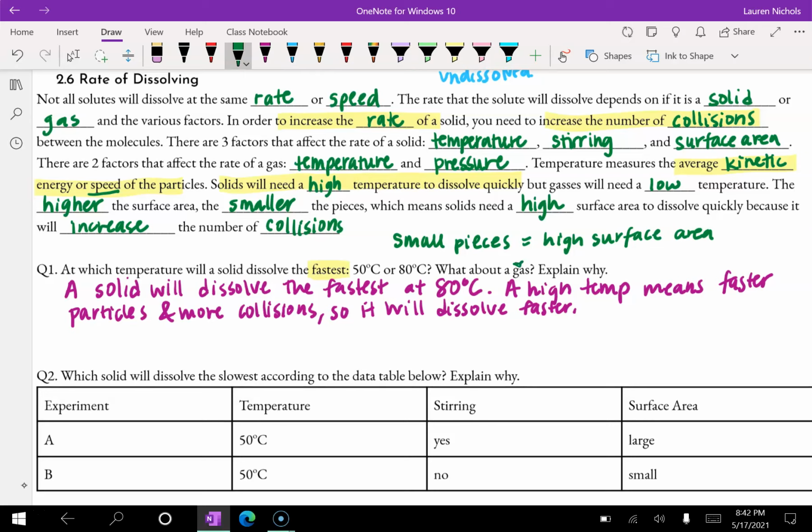And there was a second part. It wanted to know about a gas. Well, remember, a gas needs a low temperature. It does the opposite.